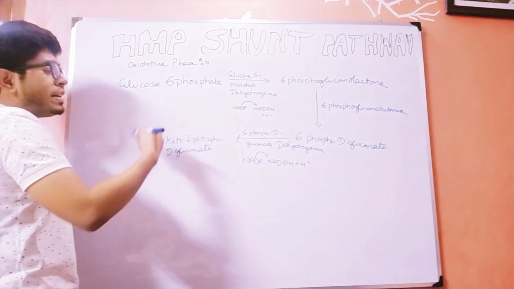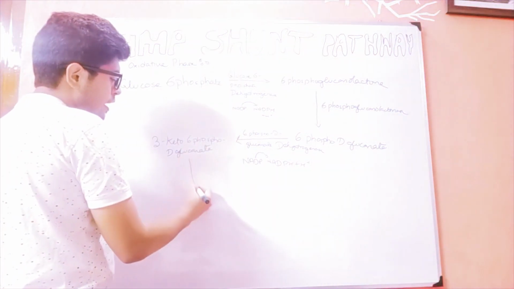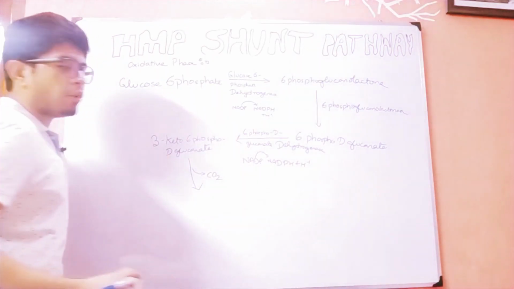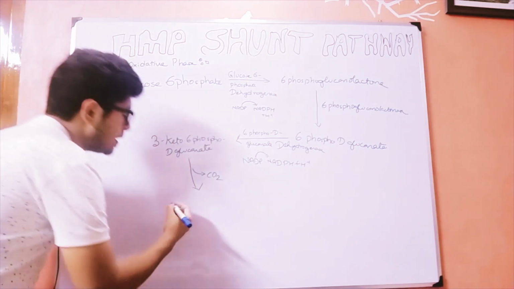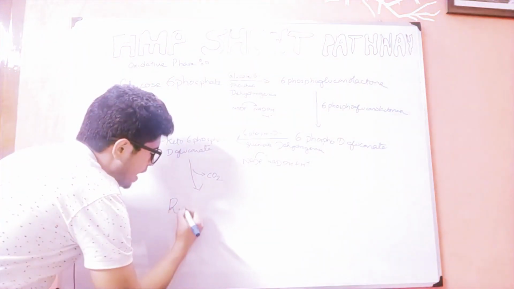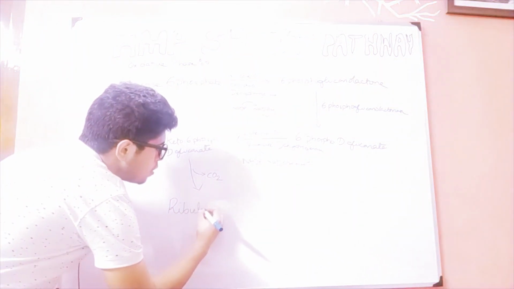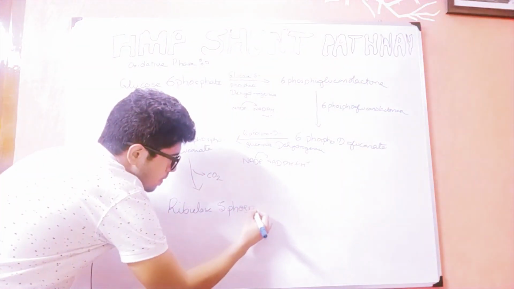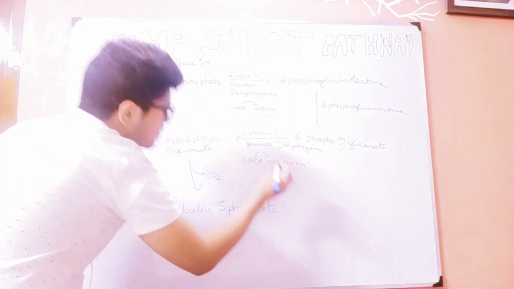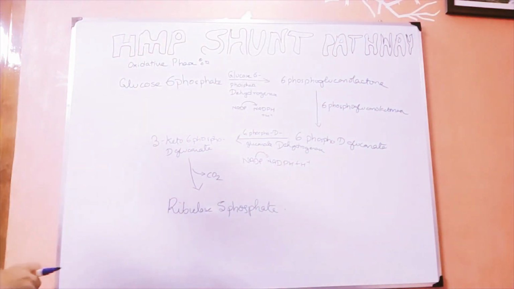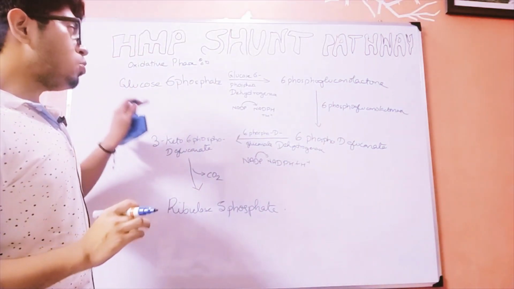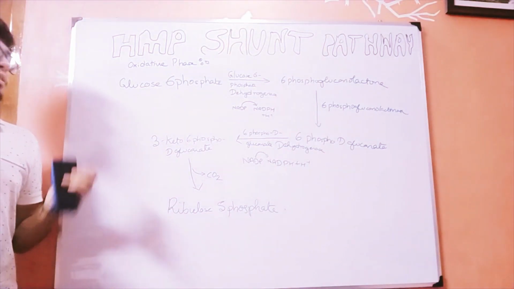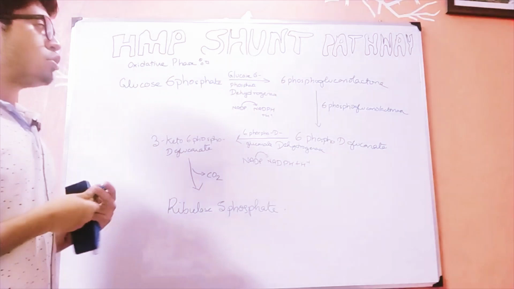This will lead to an elimination of a CO2 molecule, and finally this will give rise to a product which is ribulose 5-phosphate. So glucose 6-phosphate is acted upon by glucose 6-phosphate dehydrogenase.